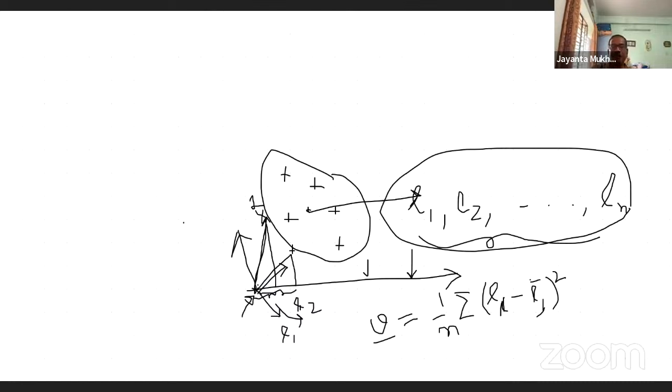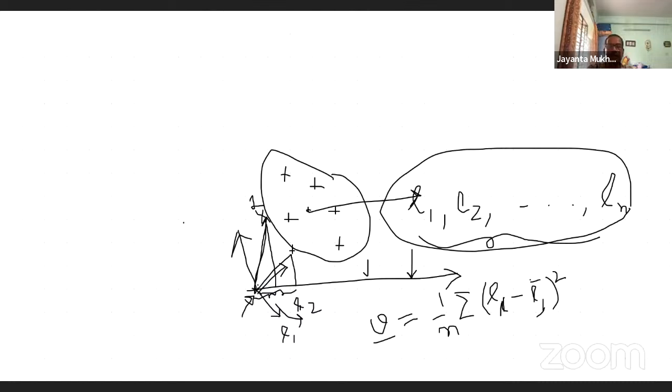This is the kind of mathematical problem for which, if you go through the analysis and derivation in our slide set and also the lecture, you will find this problem is reduced to finding the eigenvectors of the covariance matrix of this particular data.